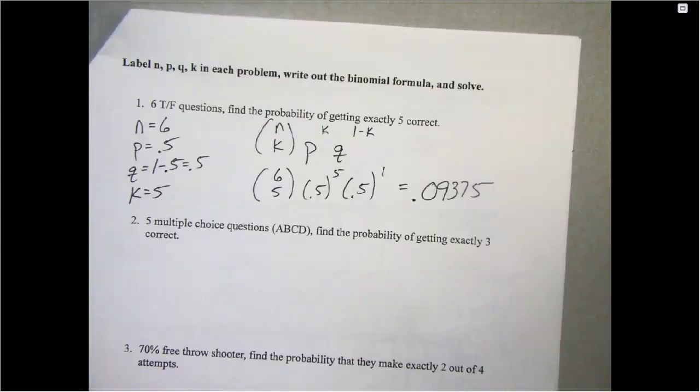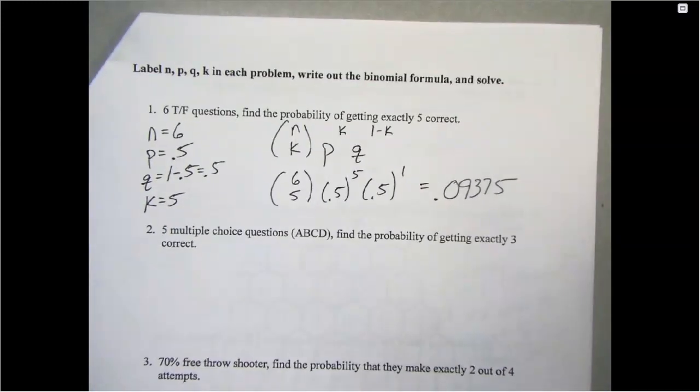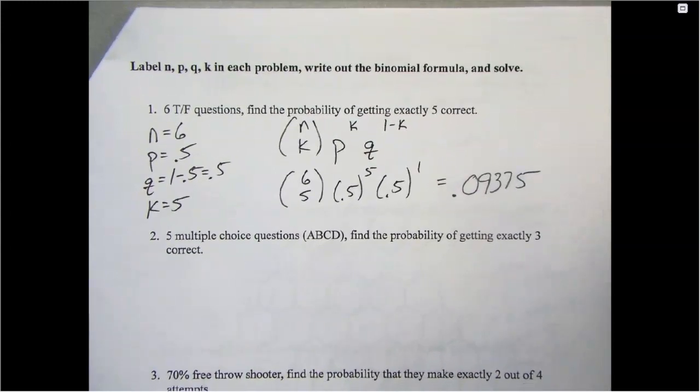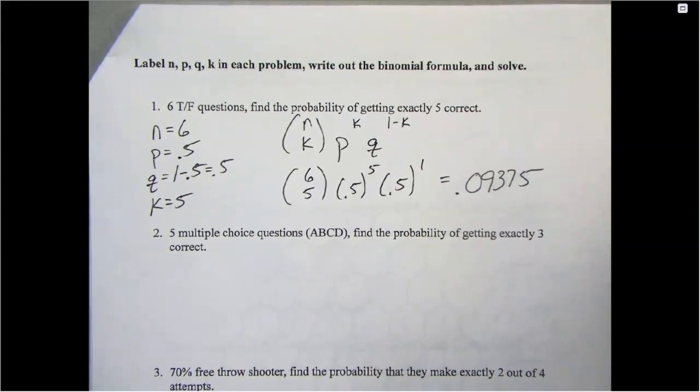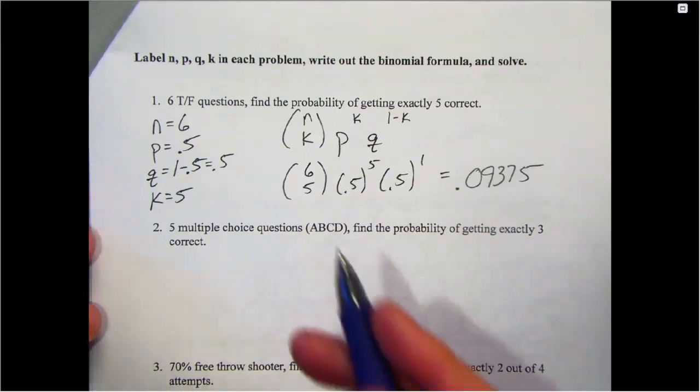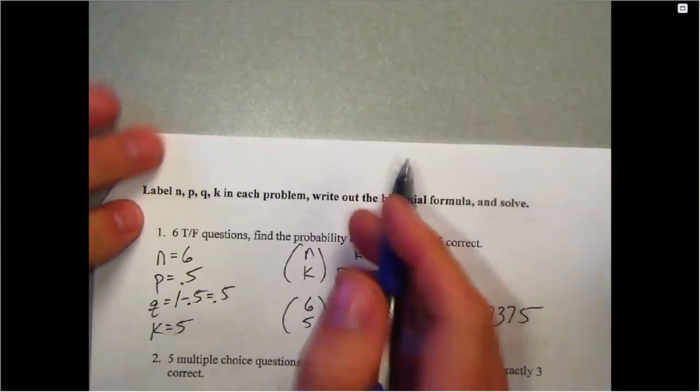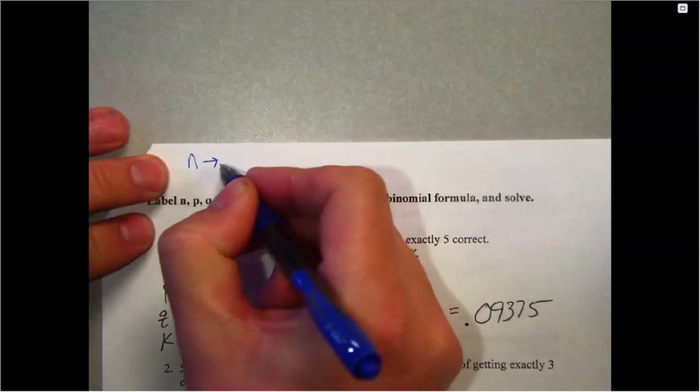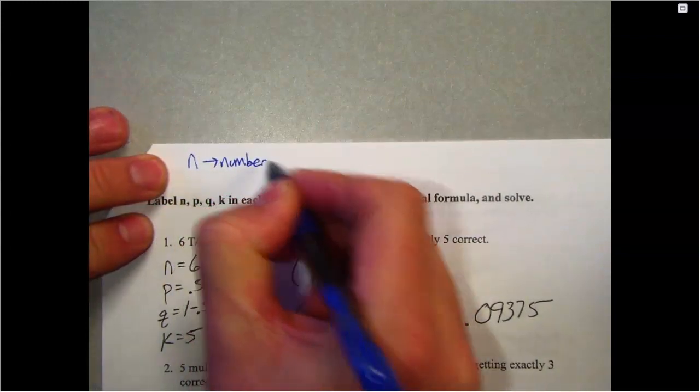Alright, let's look to the problems here. So I did that first one for you. Then I kind of regretted it later because the woman used different notation than I did. So she used, let's just write at the top. N is the number of trials.